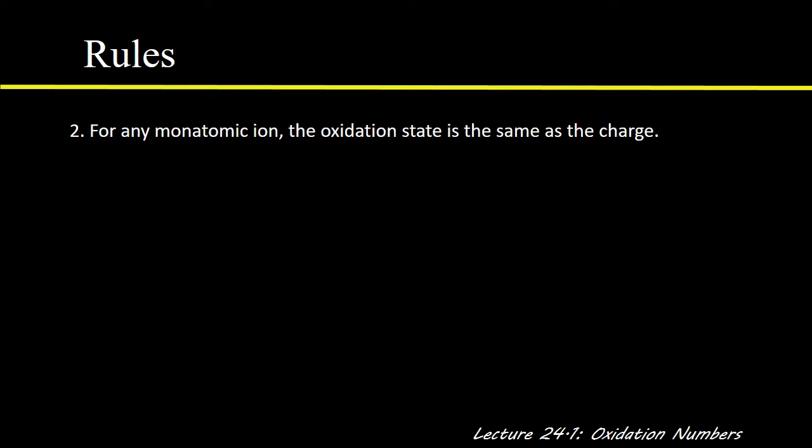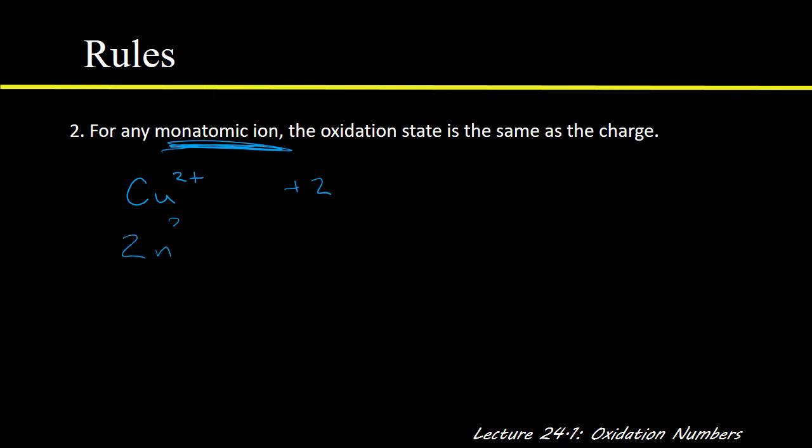All right. Next one's also simple. This goes back to what we were looking at initially when we were looking at simple redox reactions with the copper and the zinc. And that is for any monatomic ion, that means just one atom with a charge, the oxidation state is the same as the charge. So, for example, that copper 2+, its oxidation number is +2.